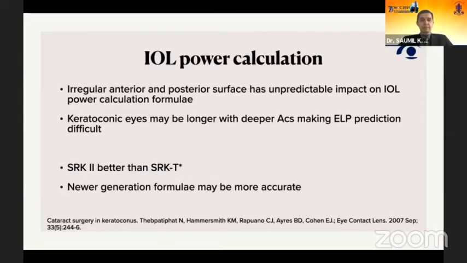Also, keratoconic eyes may be longer with deeper anterior chambers, thus making the effective lens position prediction difficult. It has also been found by some studies that the SRK II formula yielded better results than the SRK/T. But of course, newer generation formulae may be more accurate.